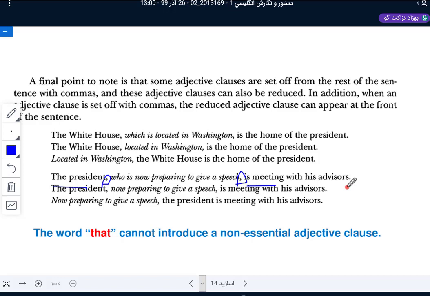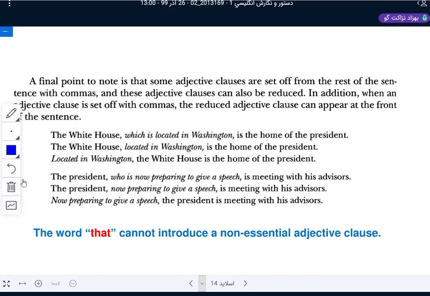And as you see, the adjectival clause is embedded into the main clause, and it sets off the subject from its verb. So it's an intervening element. And as you see, there are two commas, and this adjectival clause is setting off this subject from the verb.